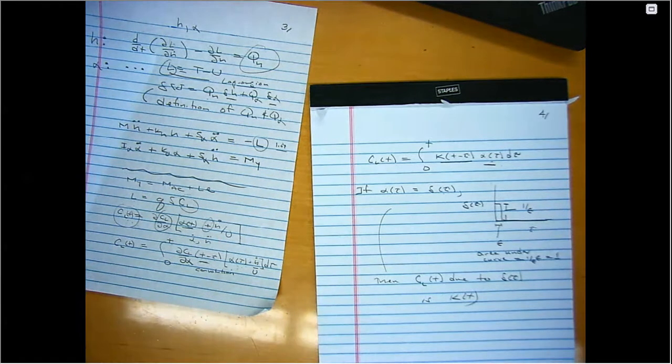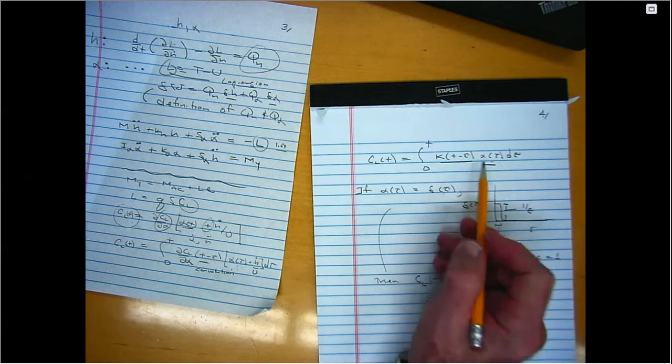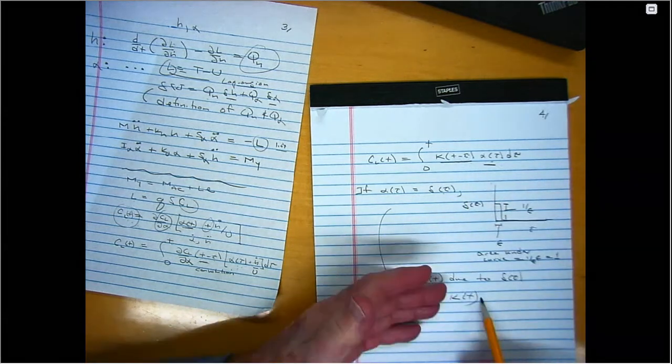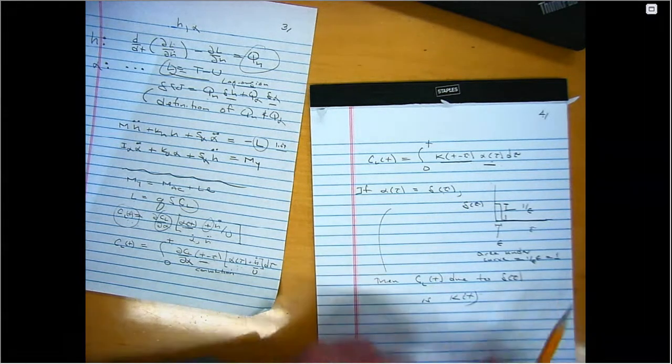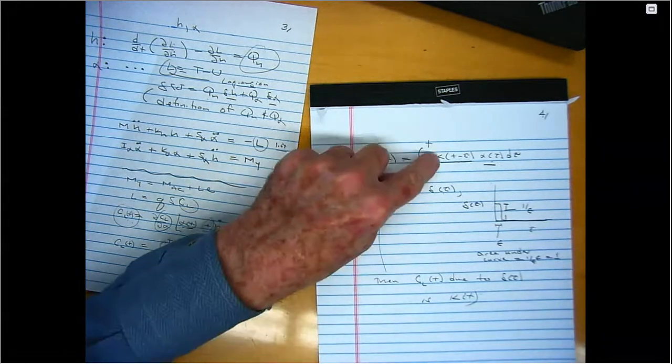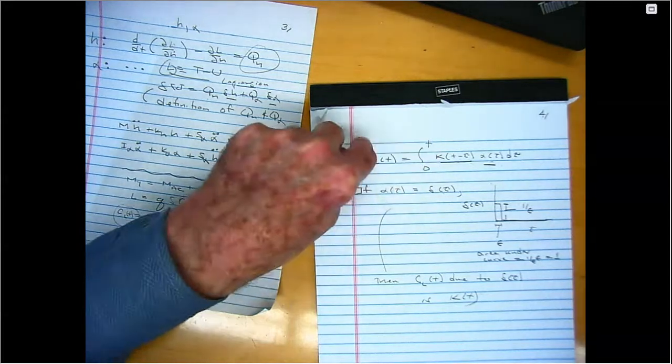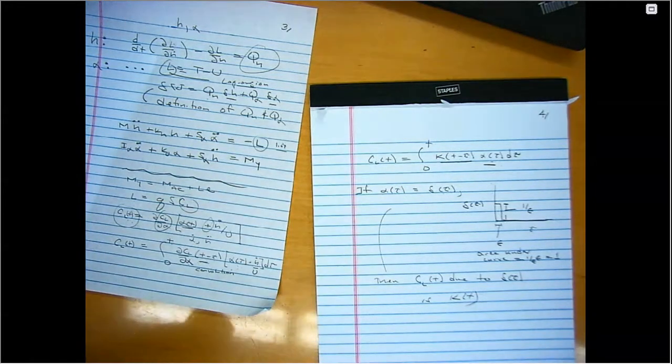All right? So that's what k of t is. And if I know k of t, I know k of t minus tau, because once I have this function, I can replace t by t minus tau. So physically, this k is the lift due to a very special motion, an impulse.